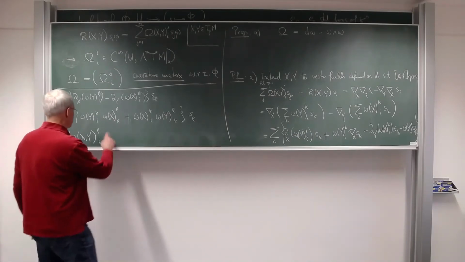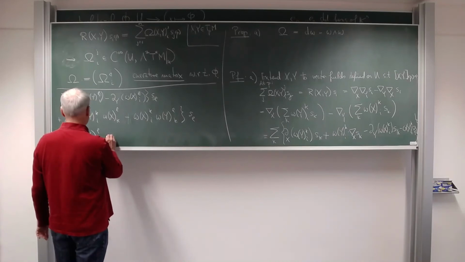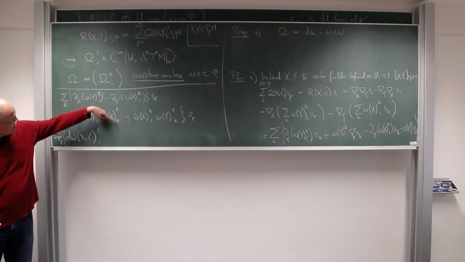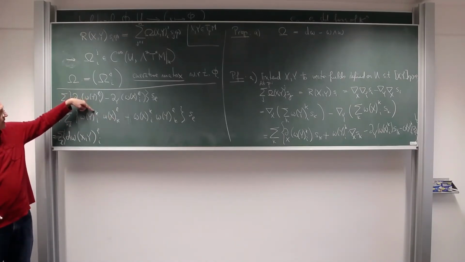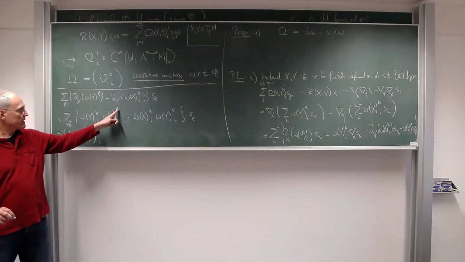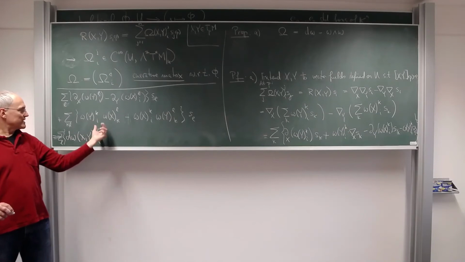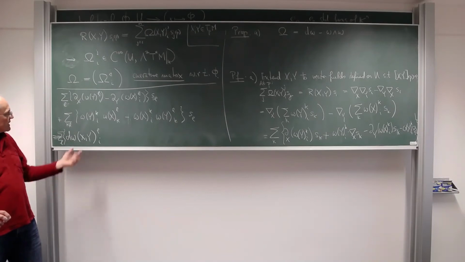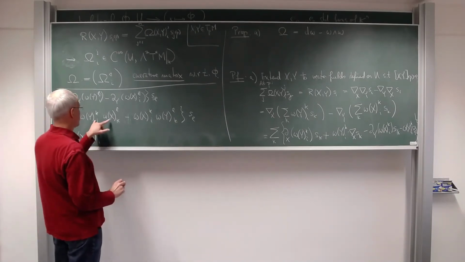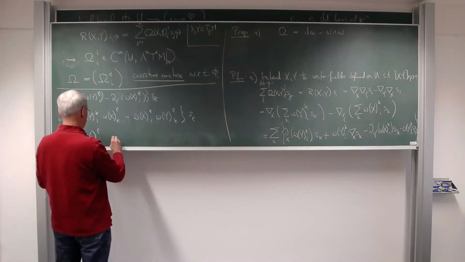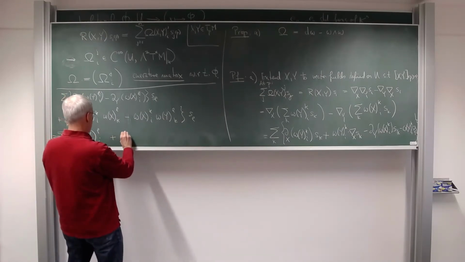And for the second part, if you look at this, this looks like matrix multiplication, except that the parameter with which we multiply vectors is the upper one. So we need to really interchange the two to get the matrix multiplication. Then for the first part we get plus omega.